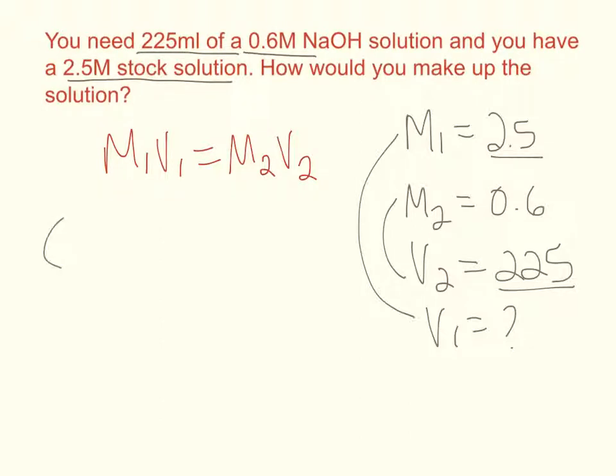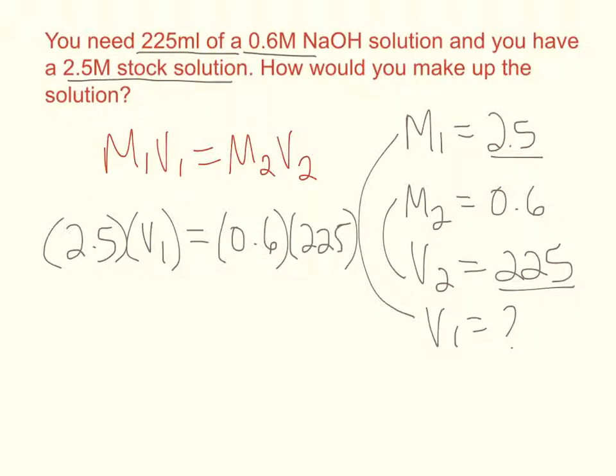So I'm going to plug those in. We have a 2.5 molar solution, and we don't know what V1 is. We need to make a 0.6 molar solution, and we need 225 milliliters of that. First I'll figure out the right side: 0.6 multiplied by 225 gives me 135. And I have 2.5, still multiplied by V1, because we don't know how much.